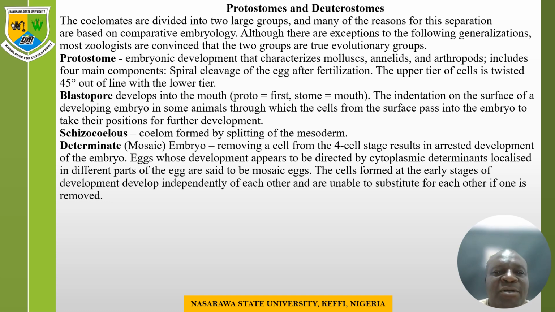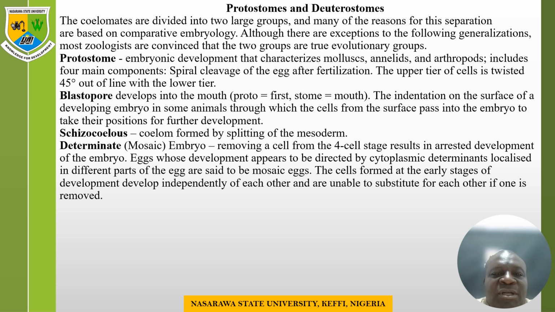They are not there, but that shows that there is an advancement. And we have the schizocoelous nature. The coelom is formed by what? The splitting of the mesoderm. The determinate mosaic embryo. This has to do with the removal of a cell from the four-cell stage, which results in the arrested development of the embryo.